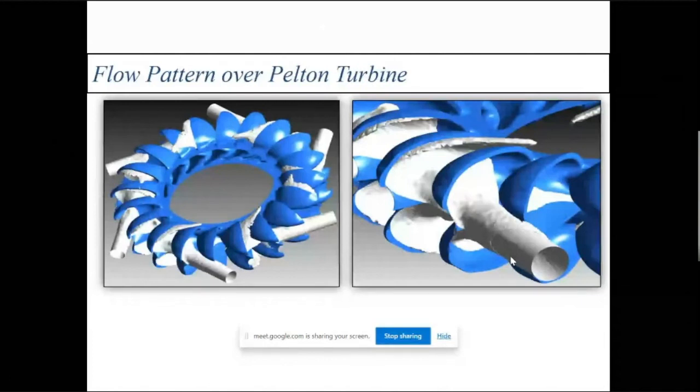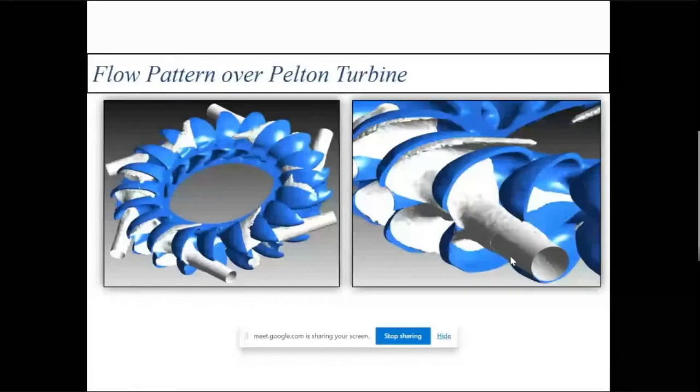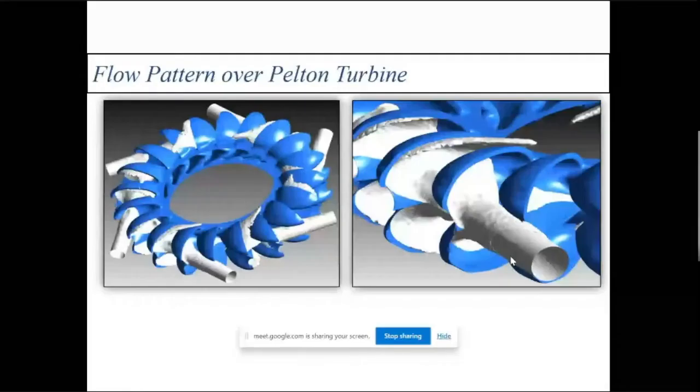In some simple applications, the optimum mesh count may be 1 million or 5 million. But in the hydro turbine, generally the optimum mesh count comes in a range of 10 million to 50 million.